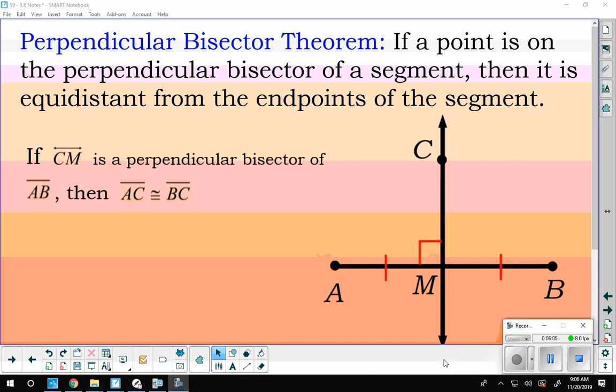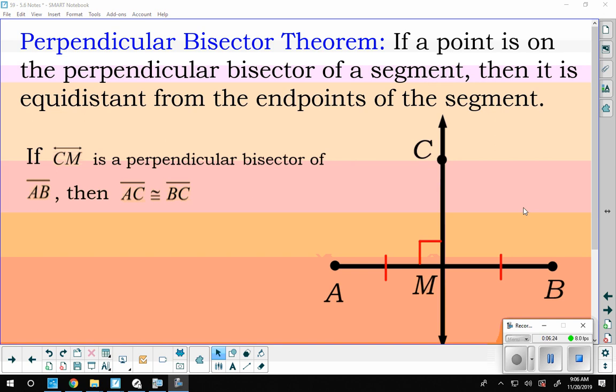So the perpendicular bisector theorem says that if a point is on the perpendicular bisector of a segment, so for example, we have point C here on this perpendicular bisector, then it is equidistant from the endpoints of the segment.